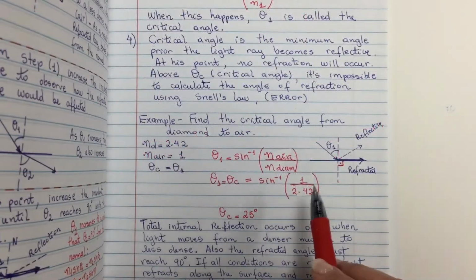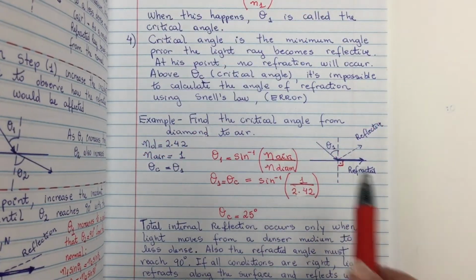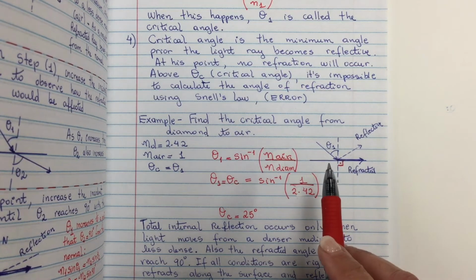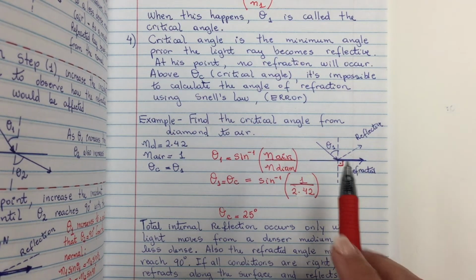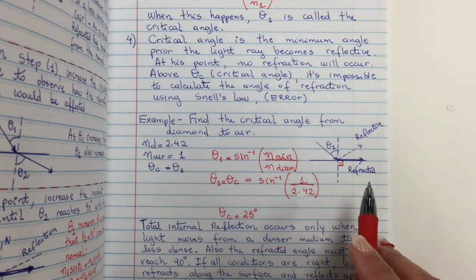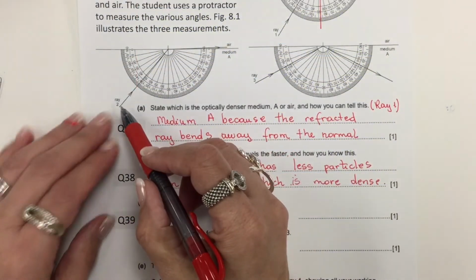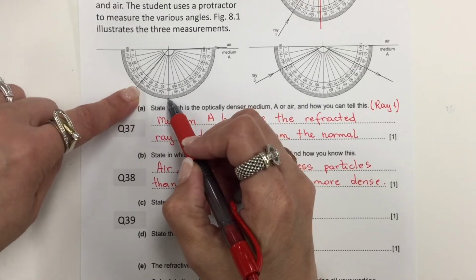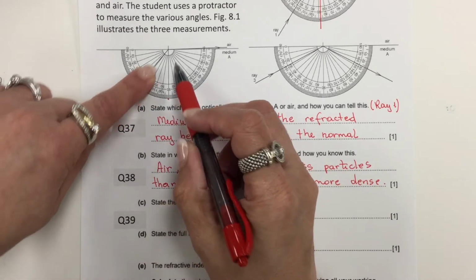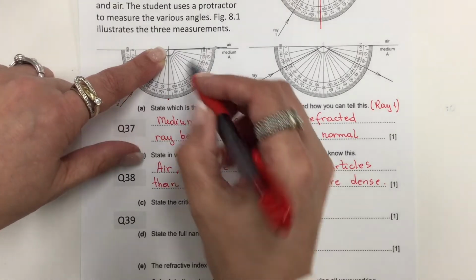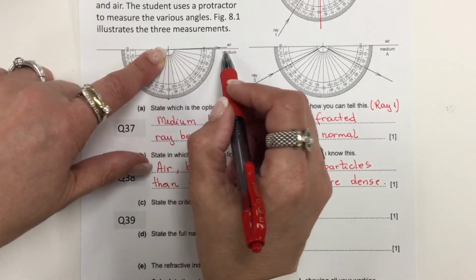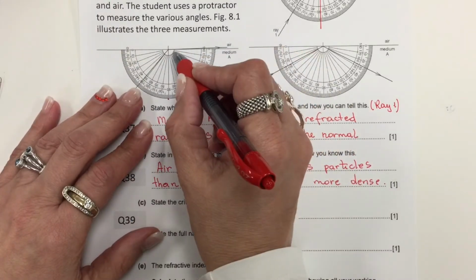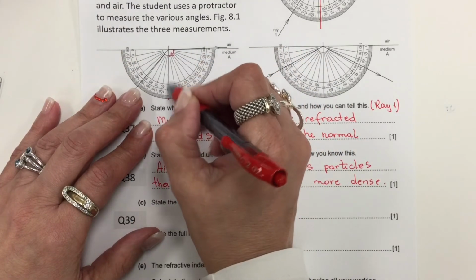So from your notes, the critical angle is the angle of incidence that produces a refracted angle of 90 degrees. So ray 2 is going to shine with this angle right here and is going to produce a ray right on the boundary line, which makes 90 degrees with the normal.